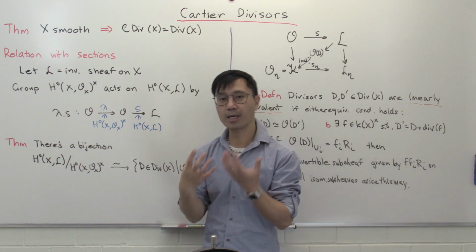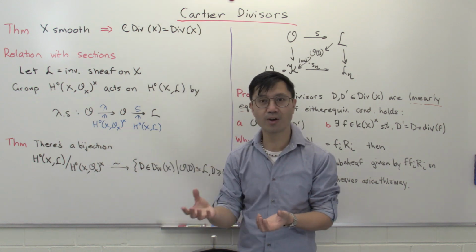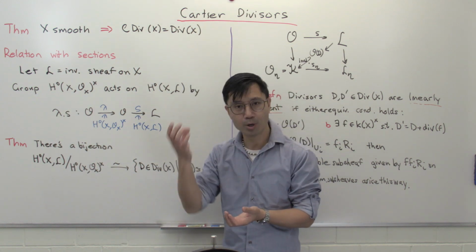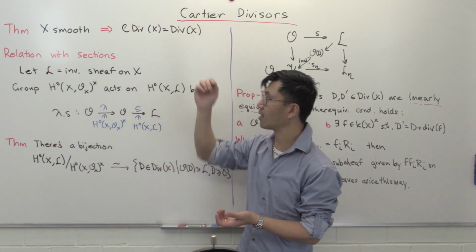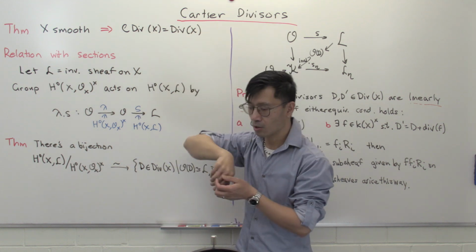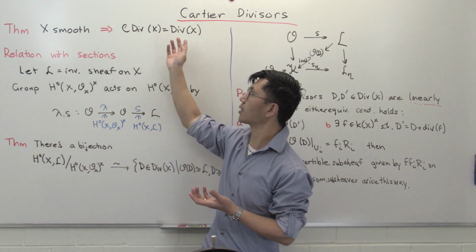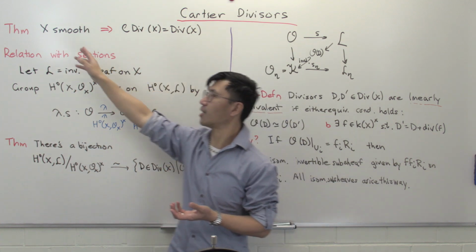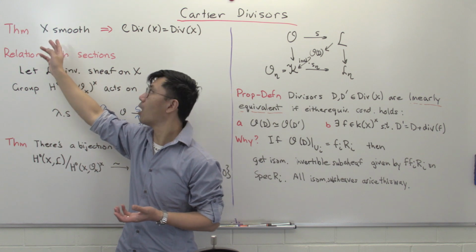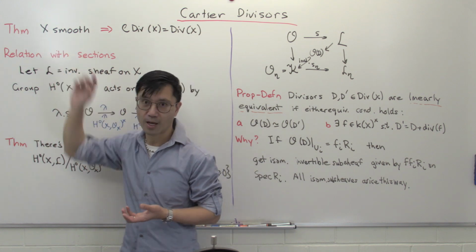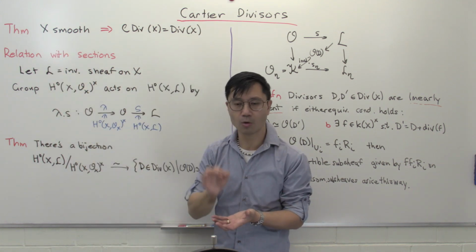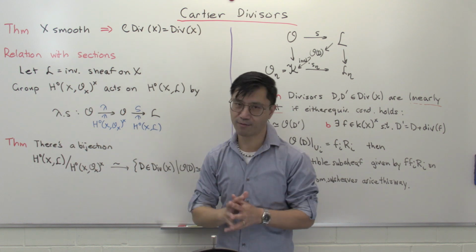The key thing to show here is that every prime divisor is locally a principal divisor, in the sense that it's given by the zeros of a single equation.